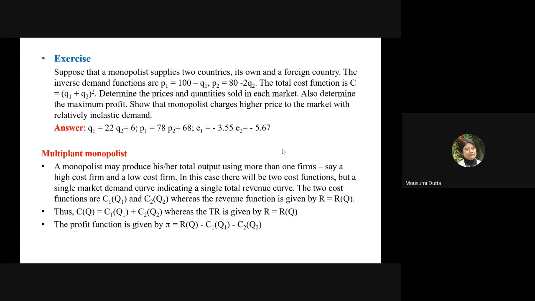However, it is sold in a single market. Okay? In the domestic market of the country only. Suppose we are not exporting anything. So it is sold in the domestic market only. So this is the concept. Here, there will be a single average revenue curve and a corresponding marginal revenue curve.